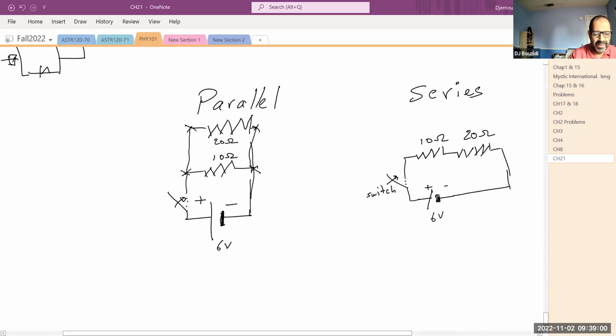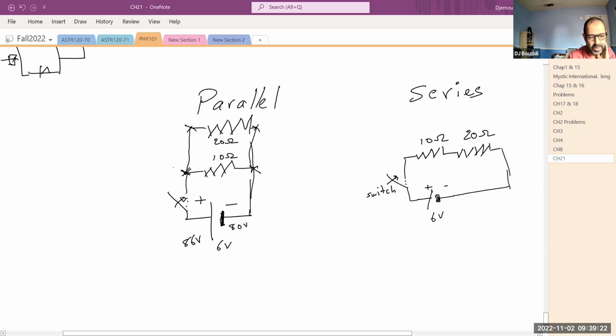Again, you have 6 volt in here. This entire wire, when it's closed, is the same wire, so the voltage is the same everywhere in here. It's the voltage across the battery. So if this happened to be 86 volt, this entire line is 86 volts. And if this is 86 volt, then this one had better be 80 volt. So this entire line is 80 volt.